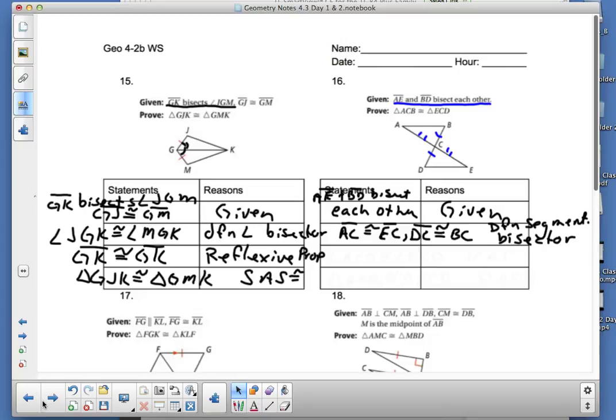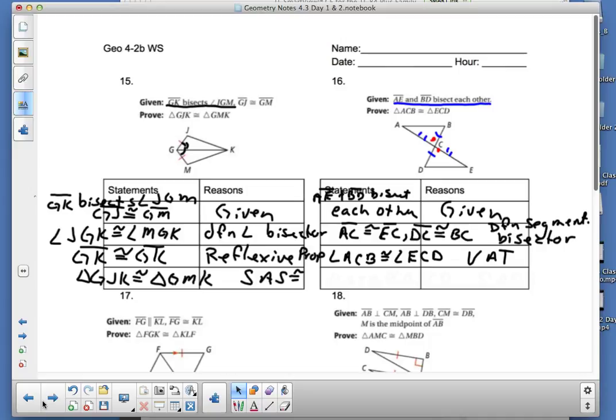Now, keep in mind, in 16, this is a bow tie. So I've got to be talking about my vertical angles. And my vertical angles here are ACB and ECD. I just put little dots there because my board's been funky. My angle arc marks have been really all over the place. And then my final thing.